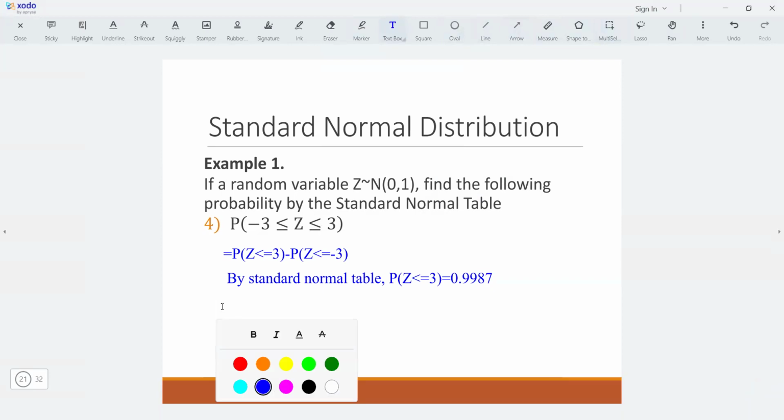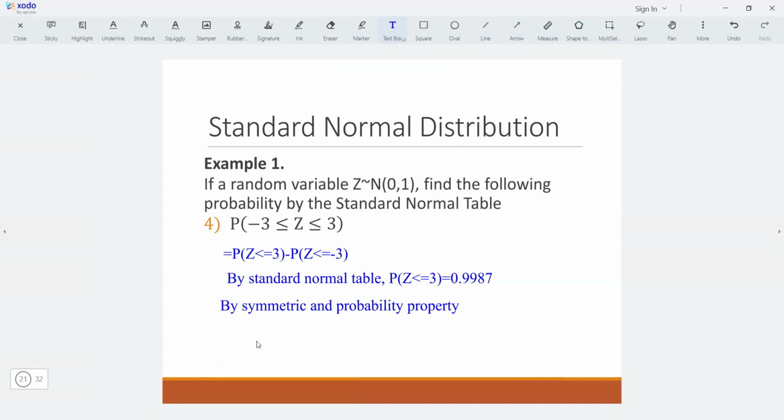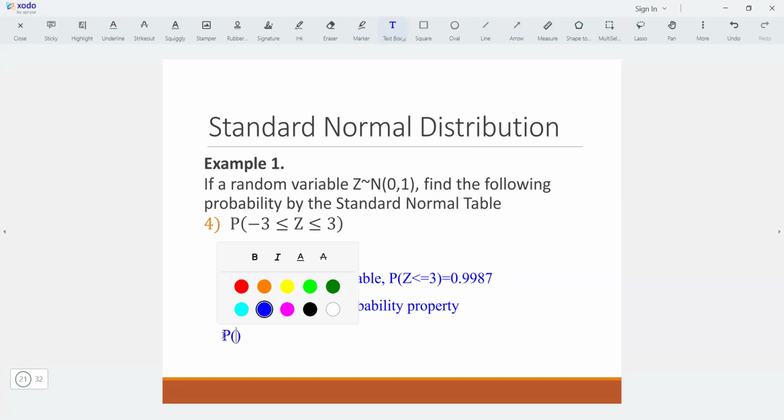By symmetry and the property of probability, what we know is that the probability that Z is smaller or equal to -3 is equal to the probability that Z is greater or equal to 3, and that equals 1 minus the probability that Z is smaller or equal to 3.